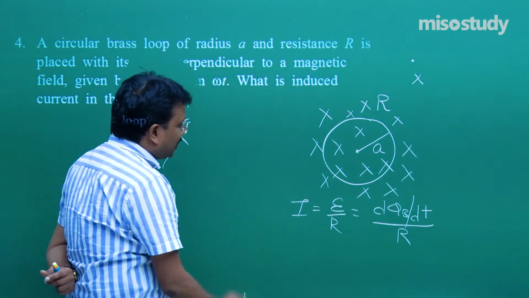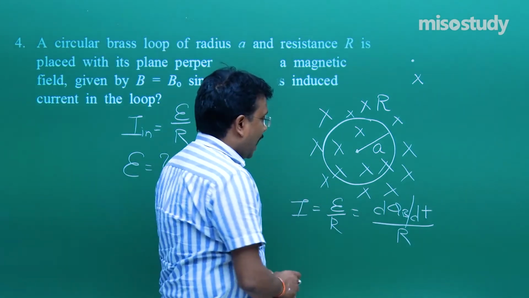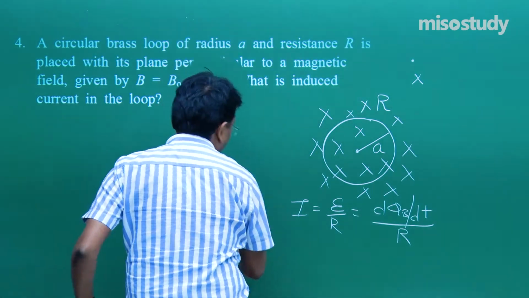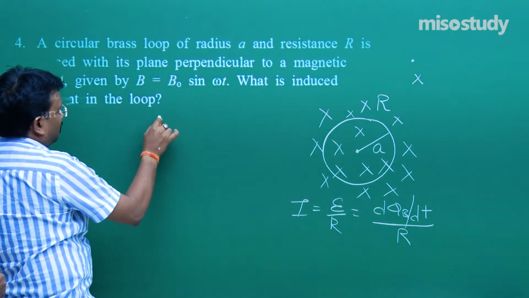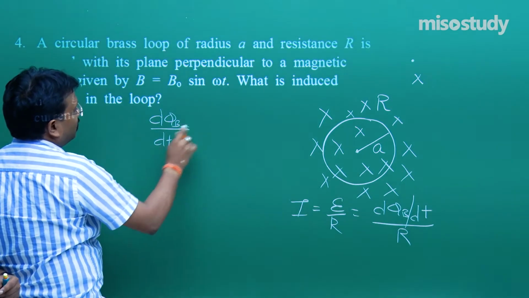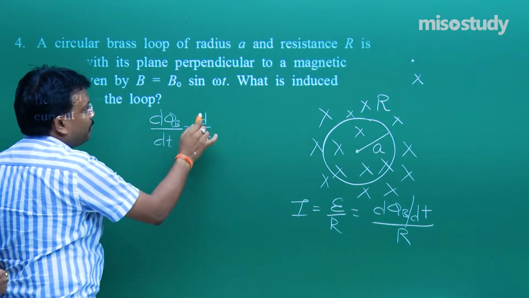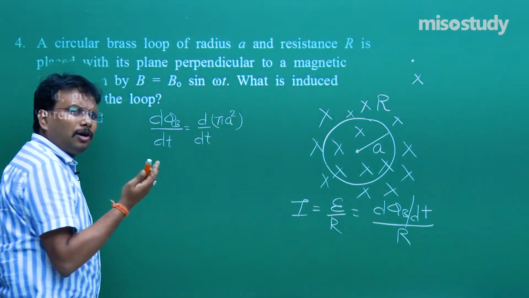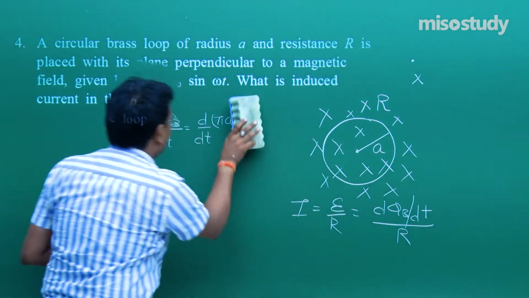No problem, simple relation. Now, consider this magnetic field. Actually, a simple trick is used over here, very simple trick. d phi b by dt is equal to d by dt of B A, and this A is pi a square. That is not a problem, you should put it outside.